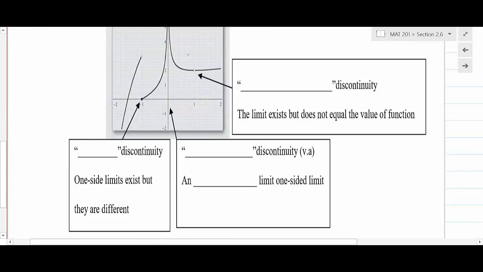If you look at this graph, in each of these situations, if you have a hole like that, where the limit exists but you have a hole, we usually call that a removable discontinuity.